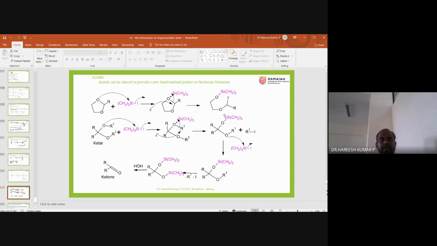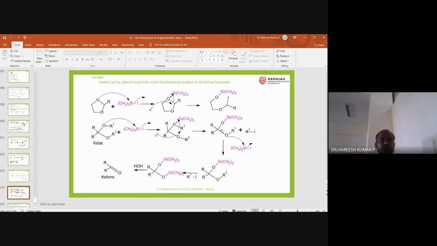Next slide, I think you are aware of the acetal and ketal. What is the acetal? Ketone, when it is treated with ethanol in presence of acid, is nothing but a ketone protection, and similarly aldehyde protection. If aldehyde is protected by using alcohol in presence of HCl, the obtained product is called acetal.